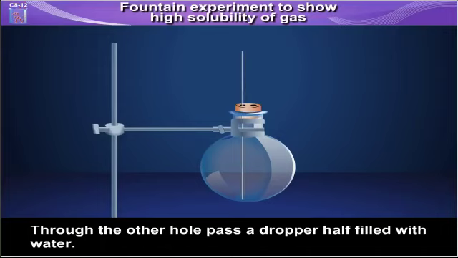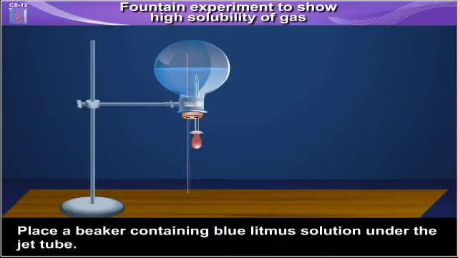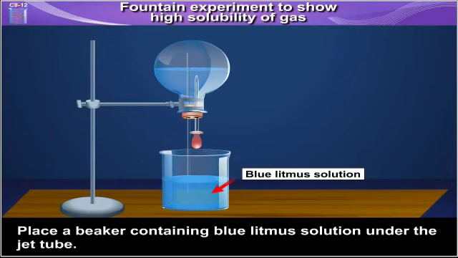Through the other hole, pass a dropper half filled with water. Clamp the flask in an iron stand. Place the beaker containing blue litmus solution under the jet tube.